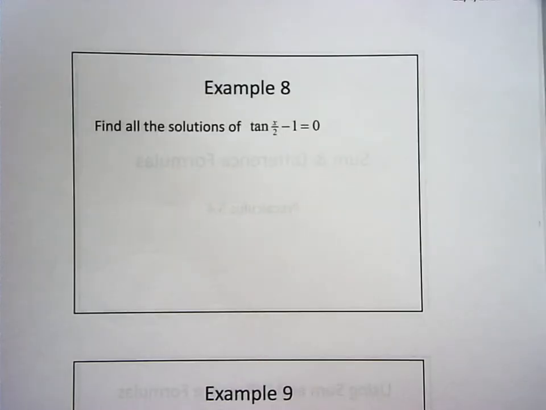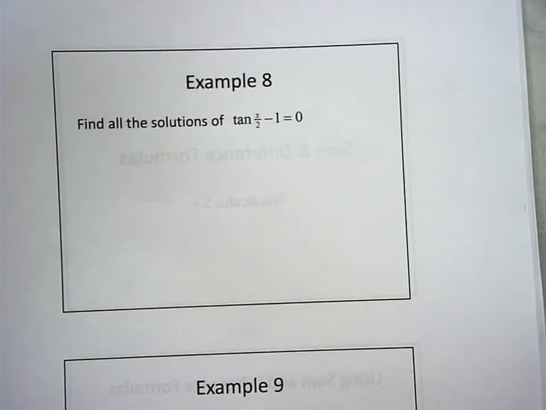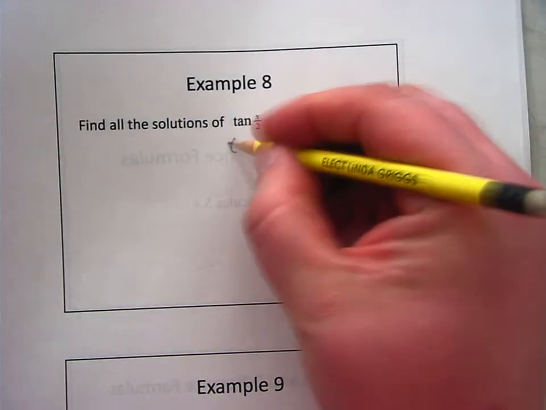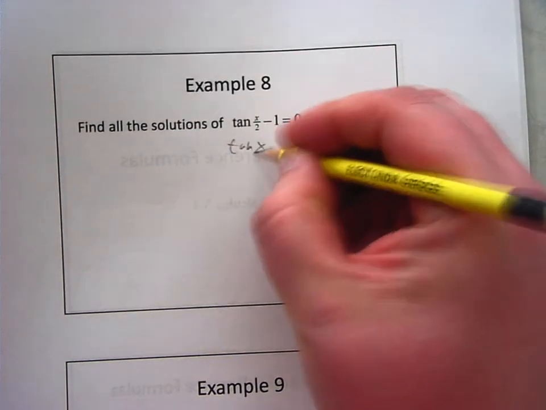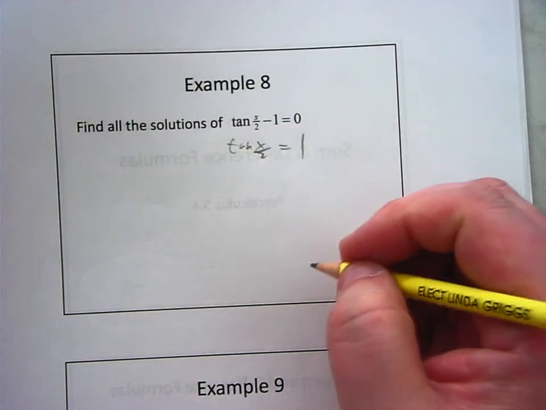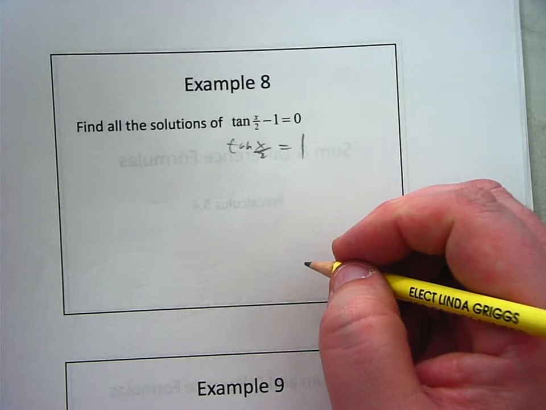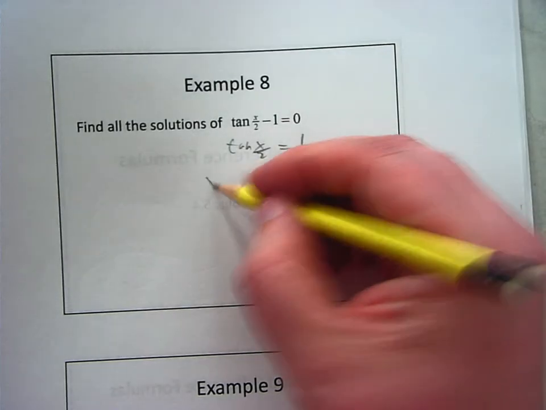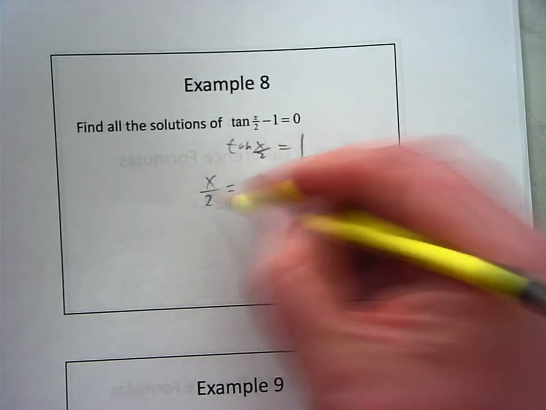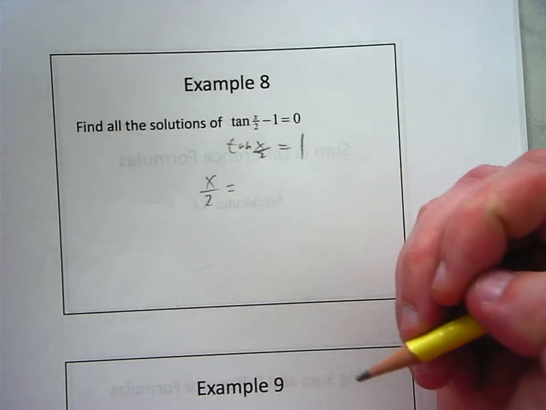Find all solutions to tangent of x over 2 minus 1 equals 0. First up, add 1. Then? Yep. Where does tangent equal 1 at? Pi over 4.